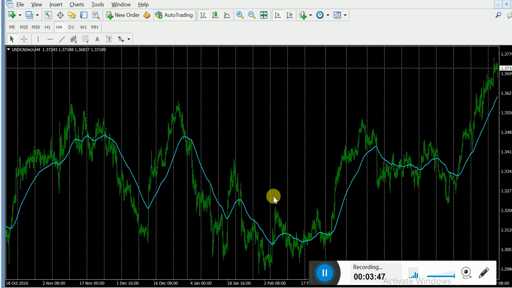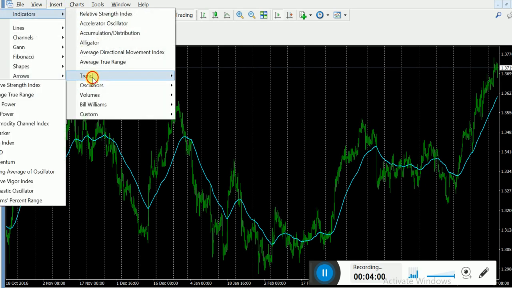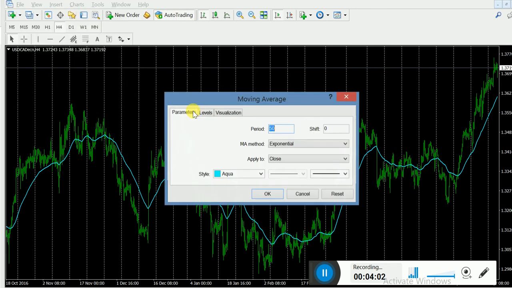You can make it any color. Go ahead and, if you can, stick to the colors I'm using now. Once you get familiar with it, you can change it up in the future. All right, we're going to go back to indicators, trend, moving average, 200. All the other coordinates are going to stay the same. We'll change this one. We'll make it white.